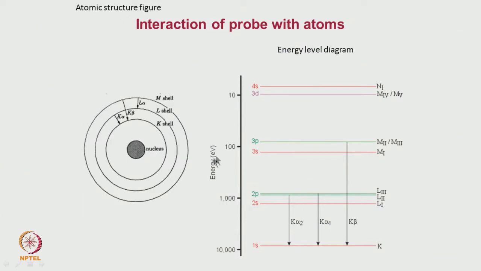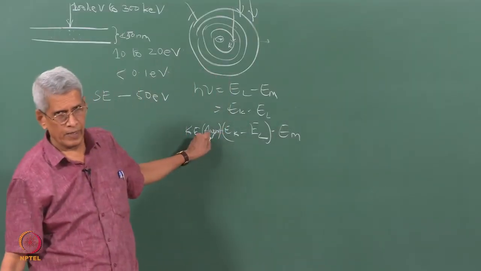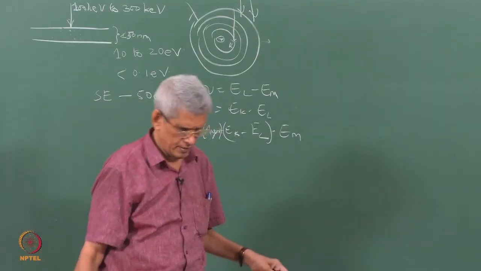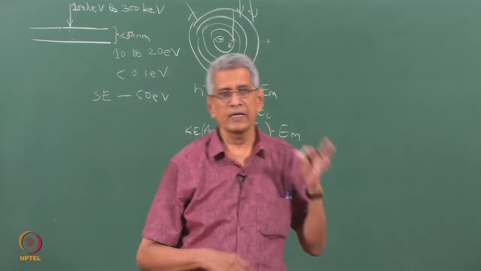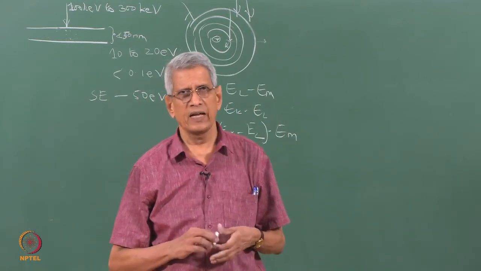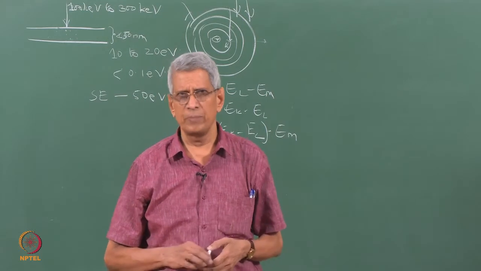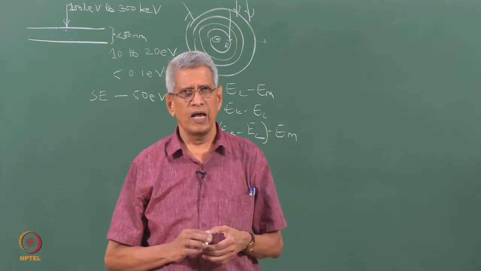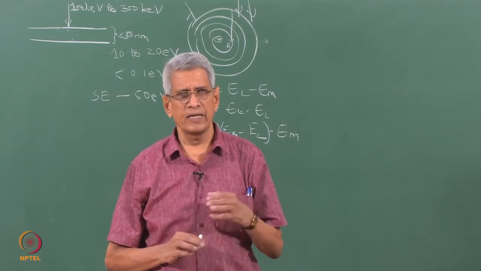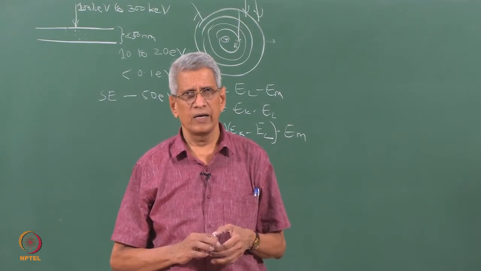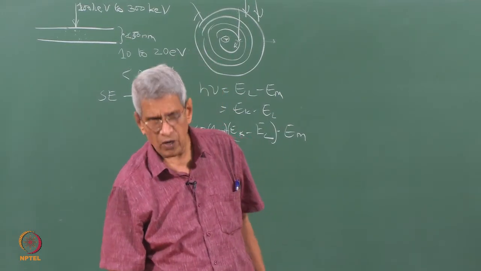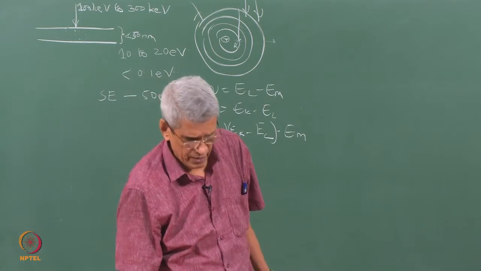So essentially these are the two processes. This Auger electron is also characteristic of the element. By measuring the energy of these Auger electrons, we can identify the type of element present on the sample surface, and from the integrated intensity of the peaks, we can find out the concentration of the element in the sample.